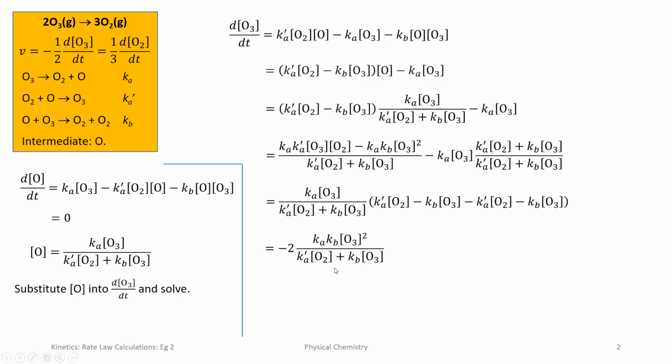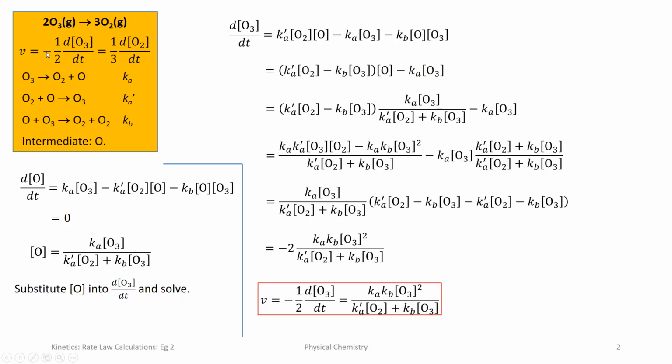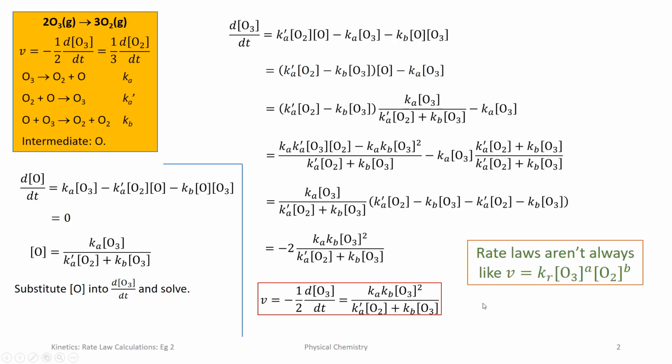But to get the overall rate law, we have to multiply this expression by -1/2. So we do that, and we get, of course, a positive result. We do note that this mechanism gives rise to complex kinetics. Rate laws don't always have this type of form. This is our rate law.